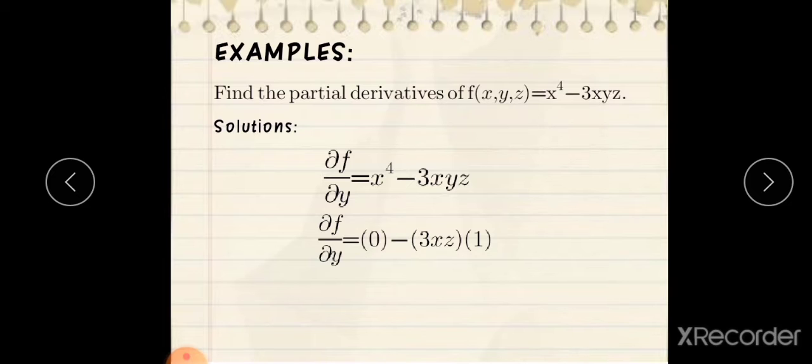By using the product rule of differentiation, we have 3xz times 1. So the final answer of the partial derivative of the function with respect to y is equal to minus 3xz, or negative 3xz.